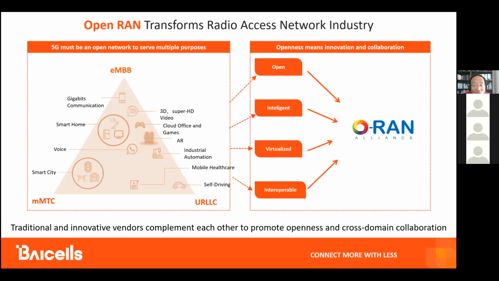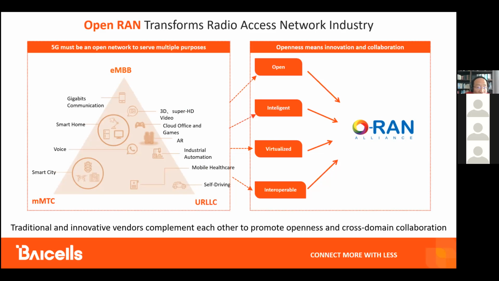And there are more. 5G is supposed to provide more services. The triangle on the left shows that 5G can increase the data throughput with eMBB, or enhanced mobile broadband capabilities. It can further reduce the latencies with URLLC, or ultra-reliable low latency connectivity.